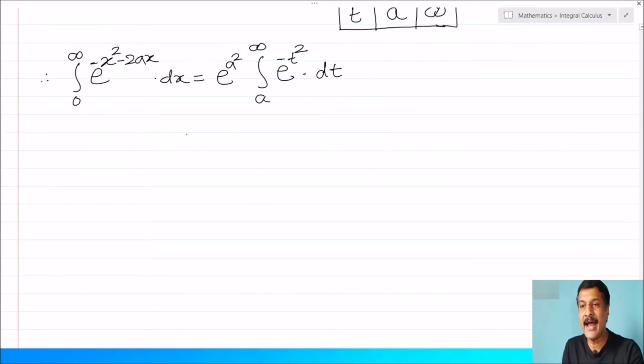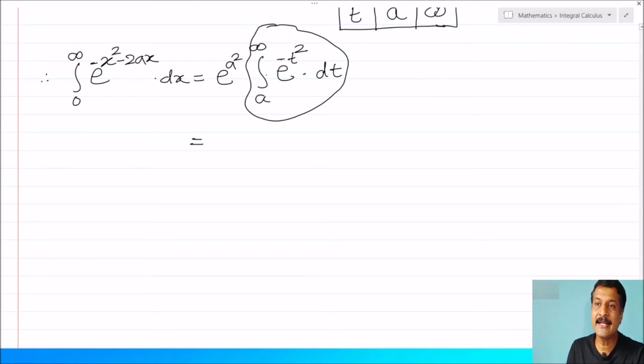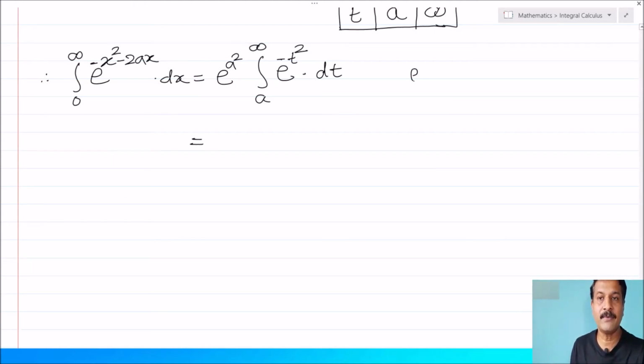So if we adjust here, you can see this one, that is the integration a to infinity e raised to minus t square dt. You can relate the definition of complement of error function. So what is that definition? As a definition of complement of error function of a, that is equal to 2 by root pi integration a to infinity e raised to minus t square dt.